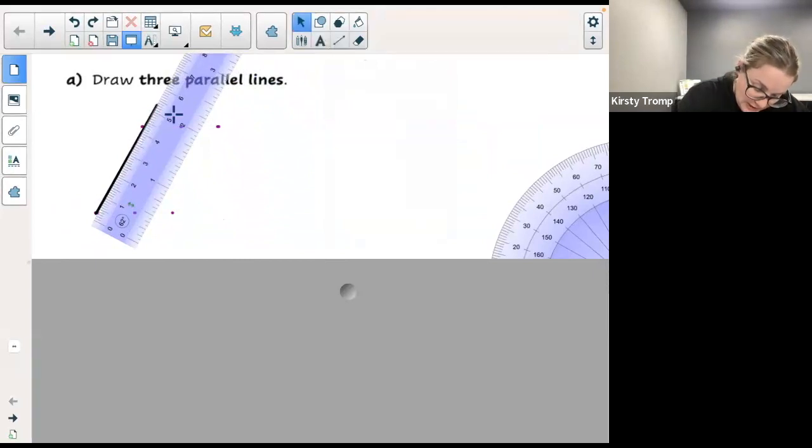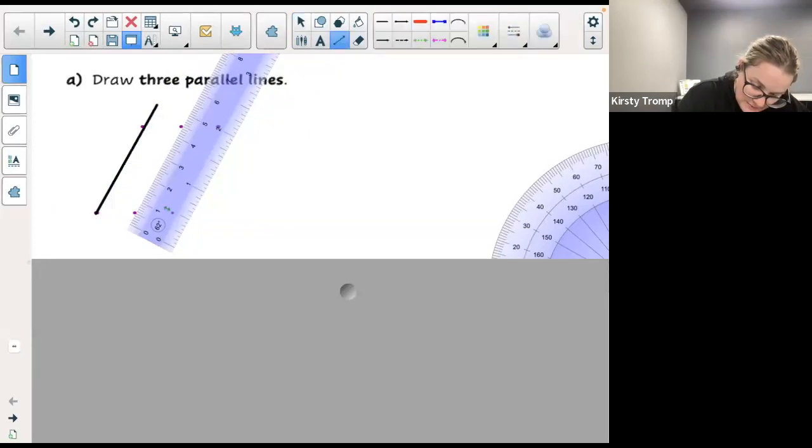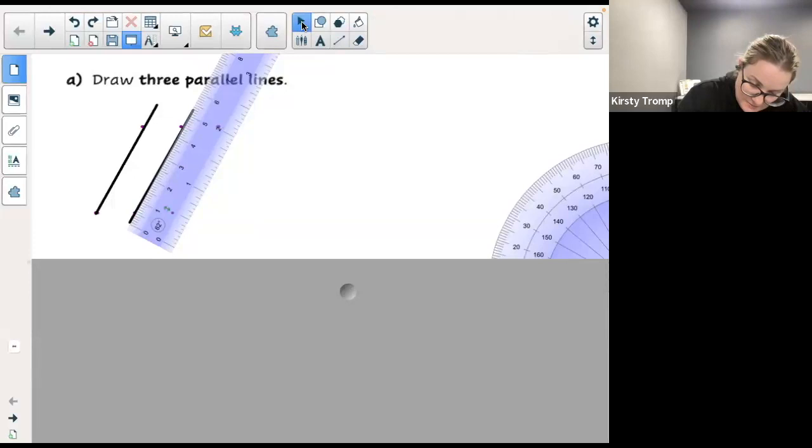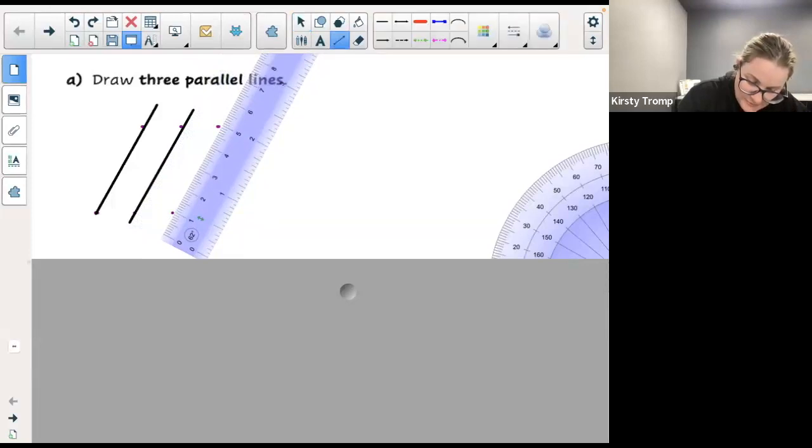I'm going to take my ruler again, move him along. I'm going to join my next 2 points with my ruler, and I'm going to join them with my second line. Okay, I'm going to take my ruler, move him along again, and join him up with my next line.